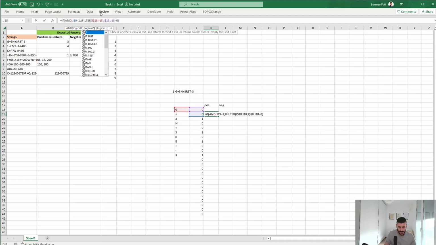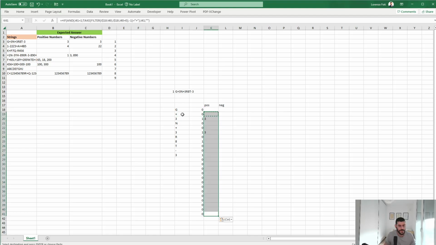I want to take the last one, and if it equals plus, then it's this, otherwise it's nothing. And with negative it's basically the same thing.